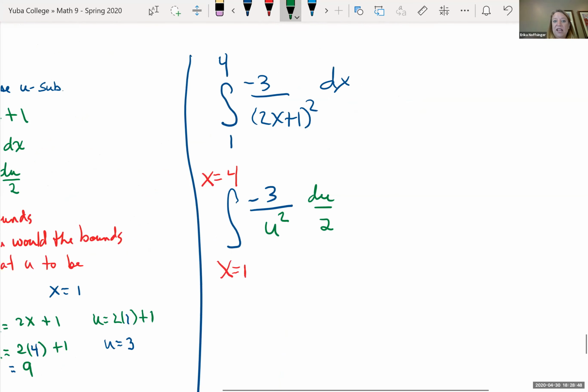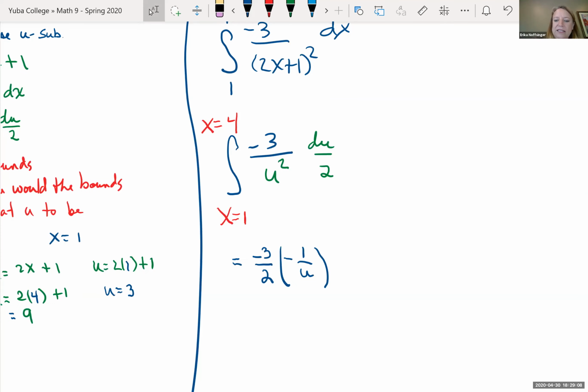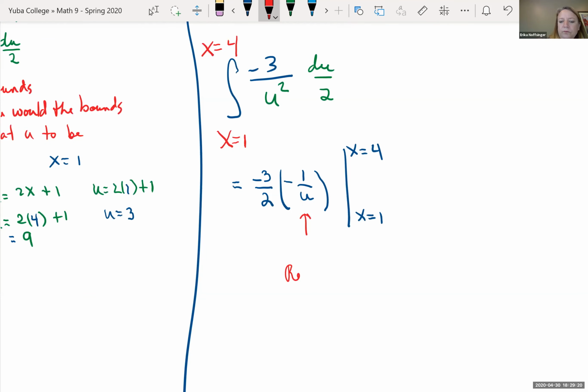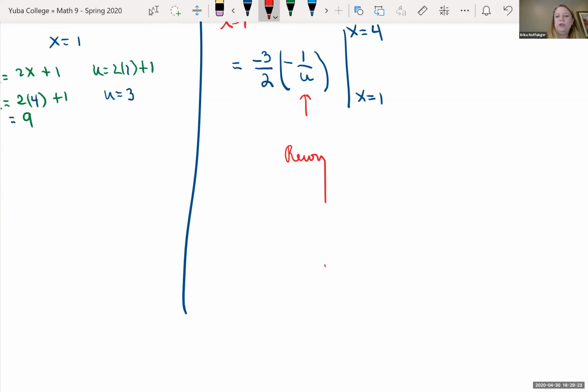So we would have integrated it the exact same way. We would have seen that when we took the integral, we had that -3/2 out front, we had -1 over u. And before we can evaluate this, with x equals 1 and x equals 4, in this case, we have to go back and rewrite u in terms of x.